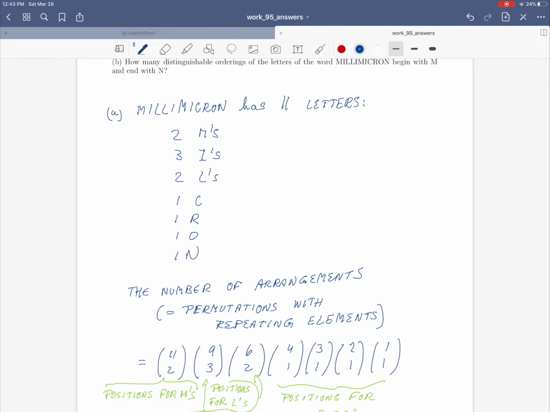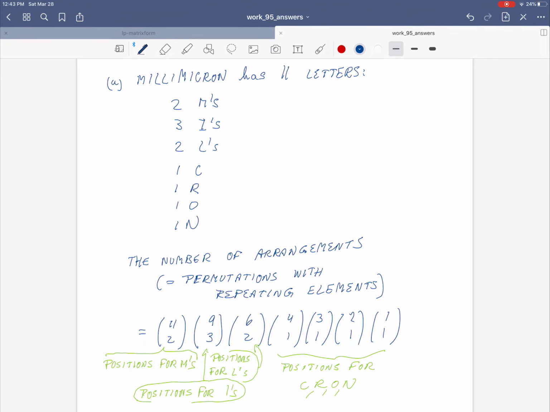So first we choose positions for M's. That's 11 choose 2. That leaves us with 9 open positions for letters. We choose 3 of them for I's, 9 choose 3.